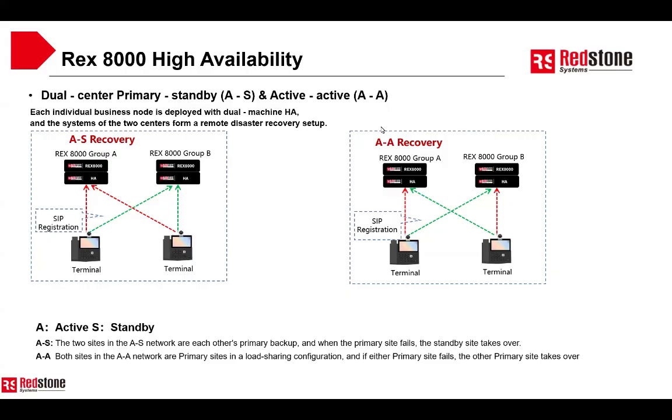You may ask me which one is better. Usually our customers ask me which one, AS or AA recovery, is better. But we will talk about this case by case, customer by customer, and it all depends on your network conditions or your resource availability.